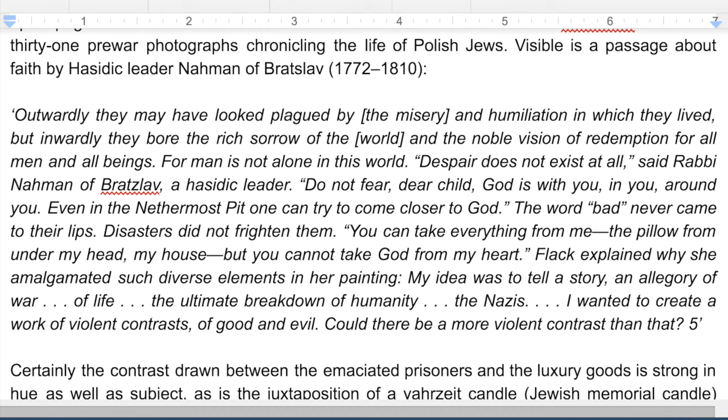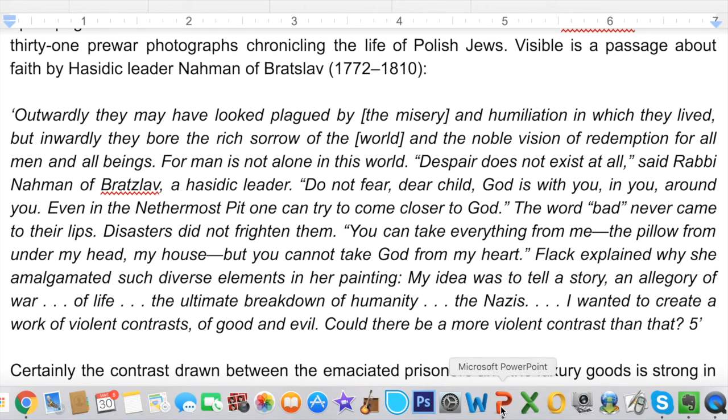Flack explains why she amalgamated such diverse elements in her painting. Her idea was to tell a story, an allegory of war, of life, and the ultimate breakdown of humanity, which was the Nazis. She wanted to create a work of violent contrasts of good and evil. Could there be a more violent contrast than that?